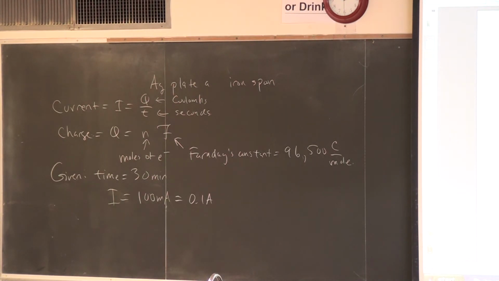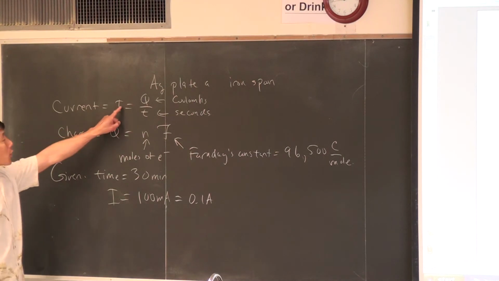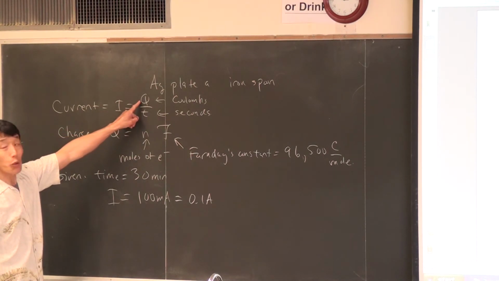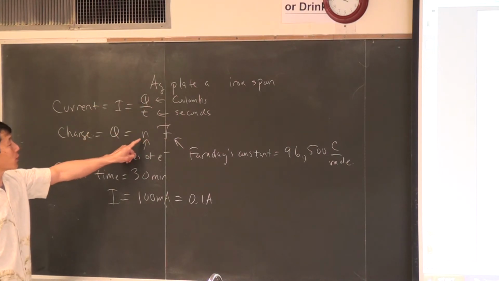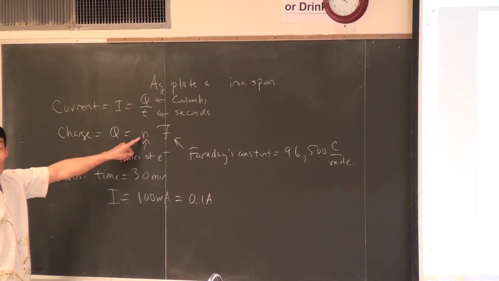Okay, so based on these two pieces of information, can we calculate the mass of silver that's plated onto the spoon? Yeah, just solve for Q, get coulombs. So note that we have current and time, so we can solve for coulombs. Once we know Q, we can solve for n. This gives us the moles of electrons. Once we know the moles of electrons, what's the next step?